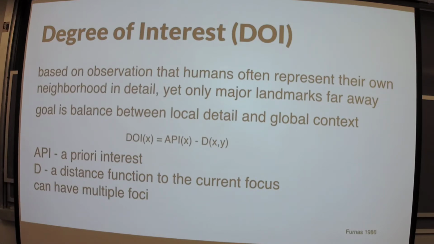So given I have selected y, how far is x from y? That is the second term in this degree of interest function. And so for every item I have in my data set, that gives me an importance term, and I can use that to render it. This sounds abstract, but it is actually very useful in many contexts.